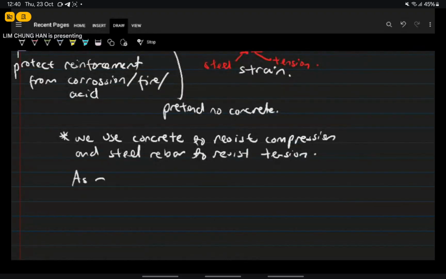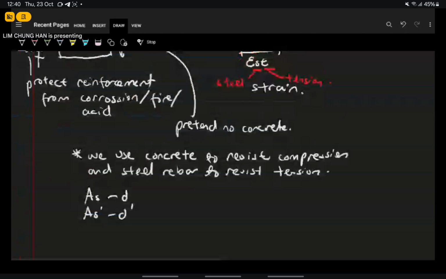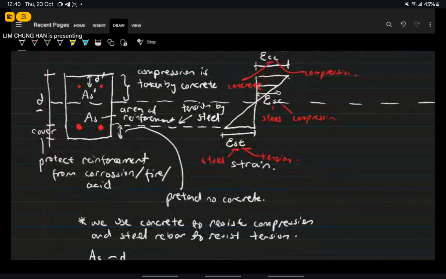So AS we measure using D, AS dash we measure using D dash. It's all measured from the top of the beam.